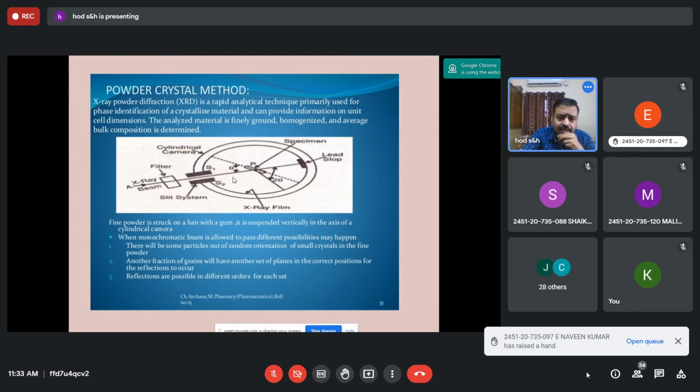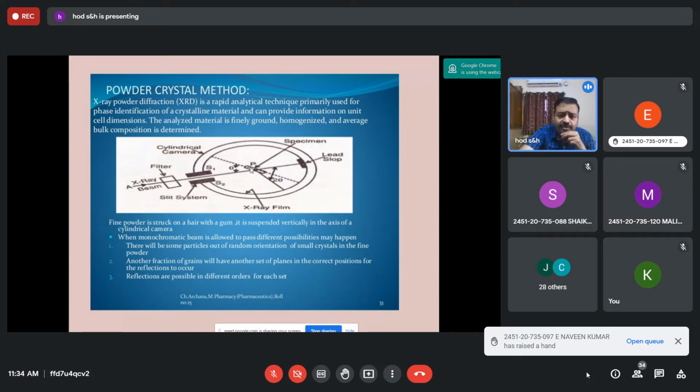Here a Debye-Scherrer camera is used. It is a stainless steel circular chamber. It has two holes, one for the X-rays to enter and another for the X-rays to exit through. Photographic film is wrapped around the inside of this stainless steel chamber, as shown in the figure. In those days, only camera film was used.